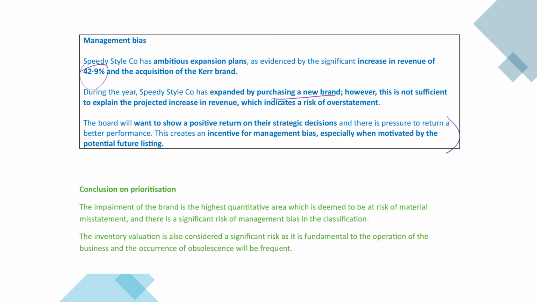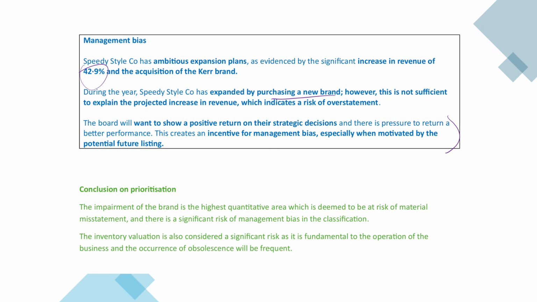So I've linked bias to specific risks like inventory. I've also linked it to the unexplained massive increase in revenue, and I am giving them a valid indicator that they do have motivation in terms of the expansion plans along with potential listing.